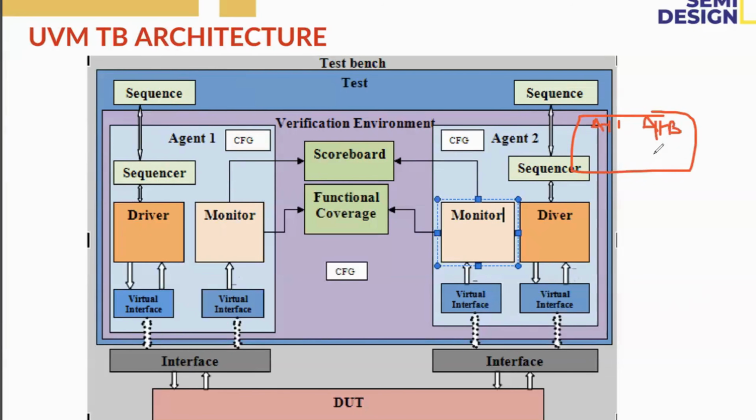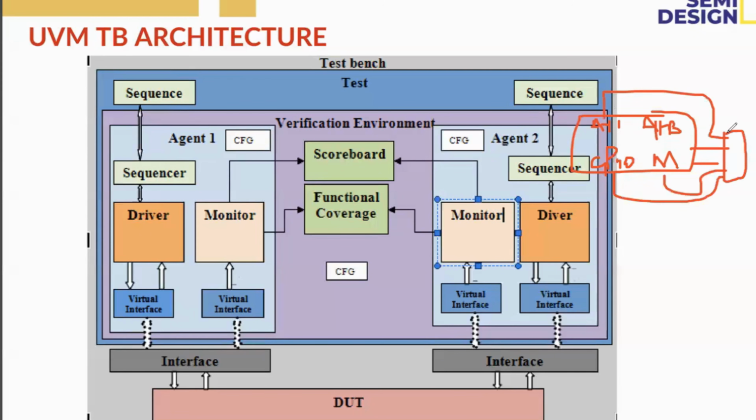And there is a memory controller, DRAM or GPIO or NBIO or SBIO, whatever, data fabric or control fabric, those are buses, right? For all these, there will be a common scoreboard and common functional coverage. Here there is a common scoreboard and common functional coverage. For SystemVerilog also it is the same.